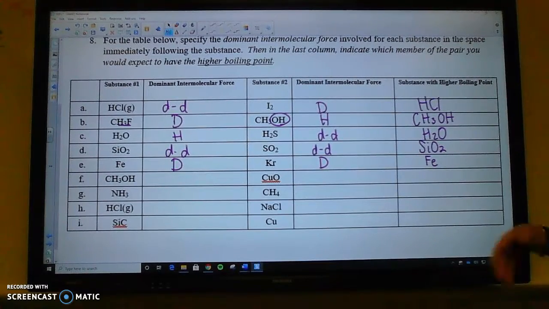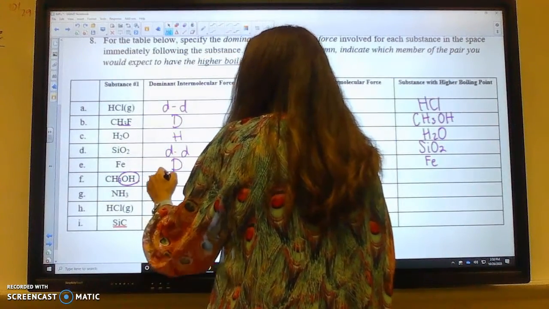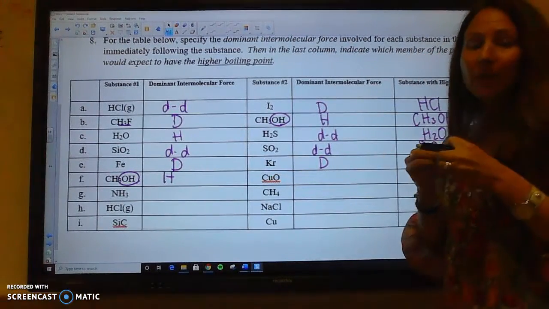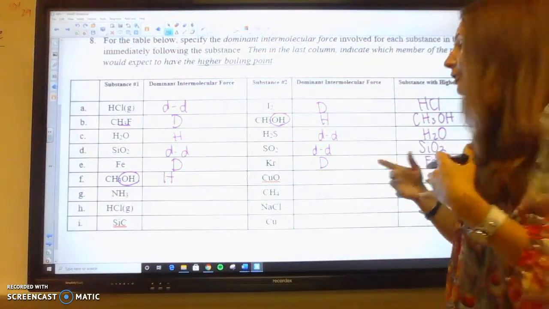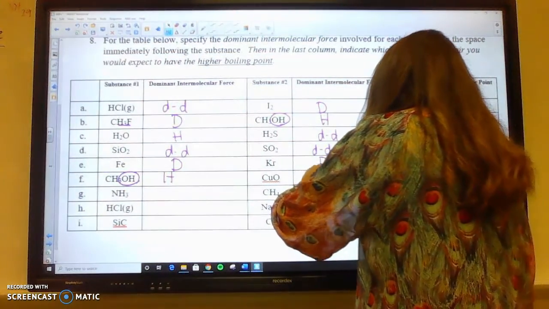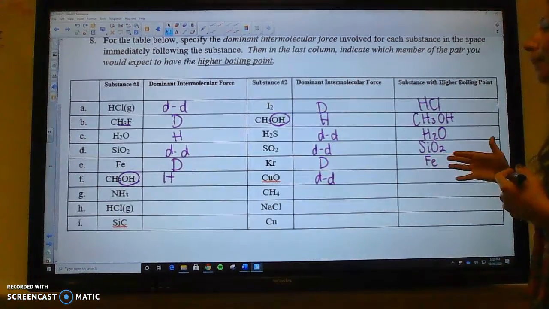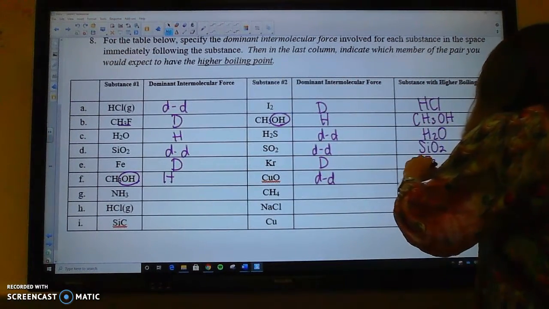So moving on. This next one, you have hydrogen bonding and then copper oxide. Well, you've got something that's bound to a different element, and it's not carbon with hydrogen, so this is dipole-dipole. It's actually an ionic compound, but the higher boiling point, you would think, is CH3OH.